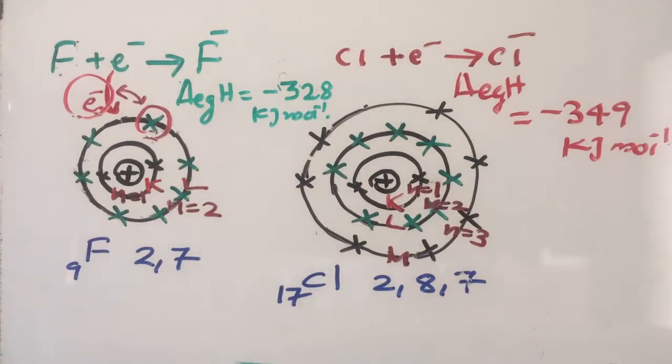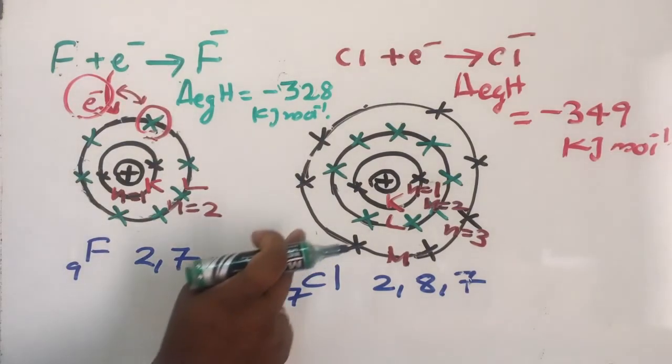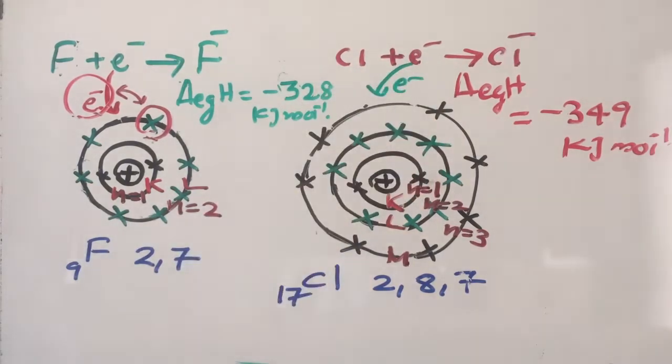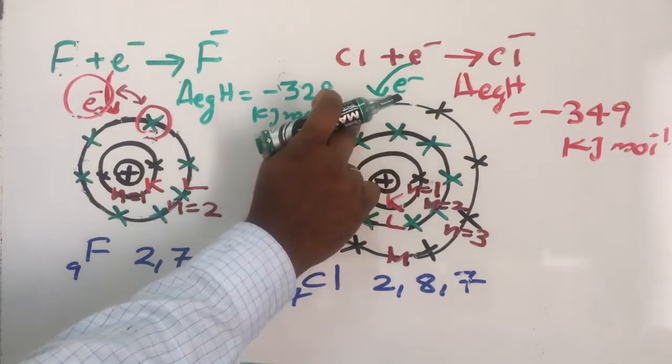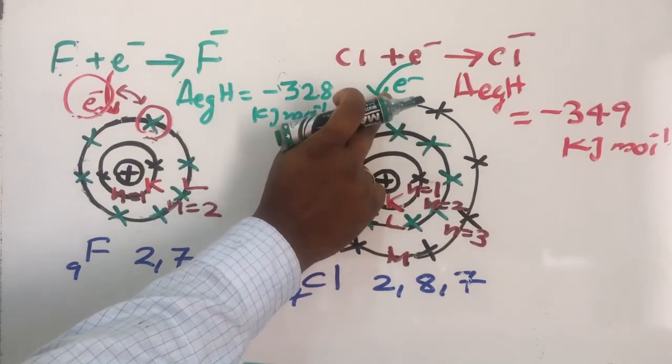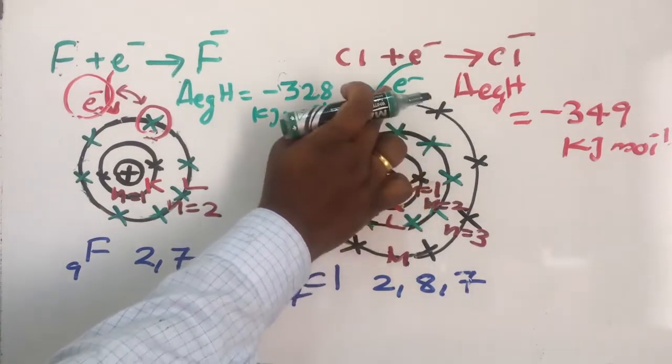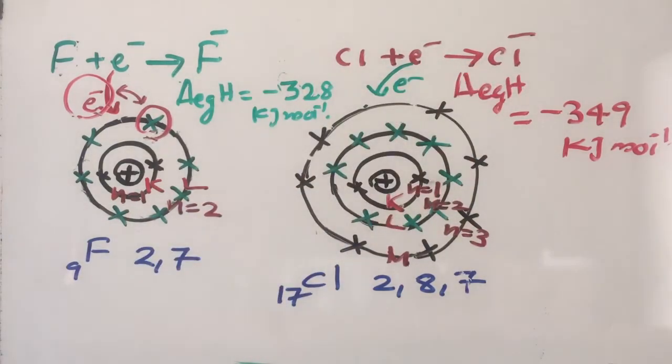Why? Because in chlorine, addition of an electron is easier, and one more thing, electron repulsion is less. Why is electron repulsion less in the case of chlorine?